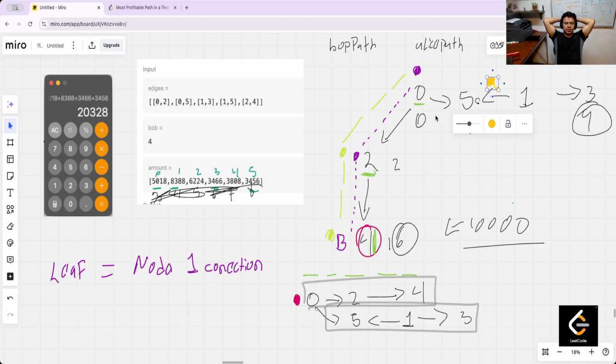I start in the zero, and now okay, I have two children, 2 and 5. I pass the current amount. If I follow the 5, go to the 5. Now in this moment, I don't have children, but it's not a leaf.